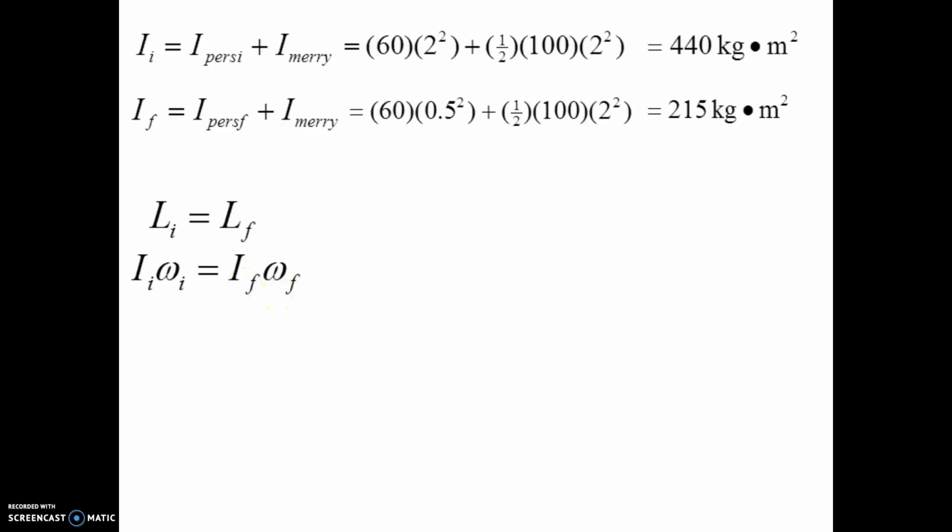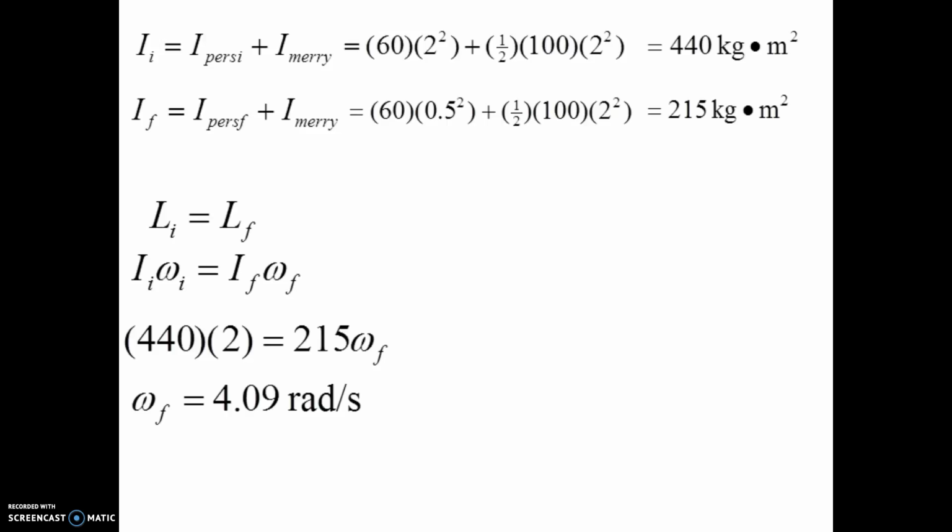This problem asks us for the final angular speed. So we plug in what we know: 440 for I initial, 2 for omega initial, and then 215 for the final moment of inertia. And then we just solve for the final speed, and we get 4.09 radians per second.